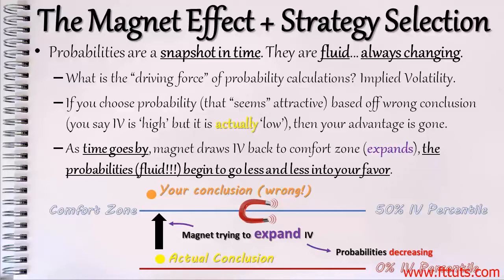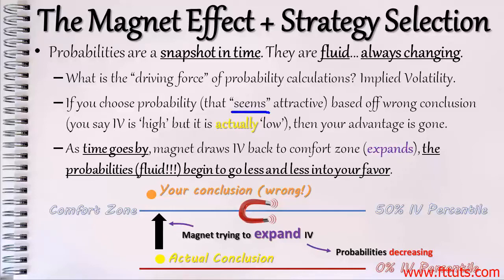So if you choose a probability that seems attractive, keyword, seems attractive, but you are basing it off the wrong conclusion, say you think that IV is high but it's actually low. So you're looking at that 130%. Oh, that's high. But now that we know, after I drew those ranges, that it was actually low, then your advantage is gone.